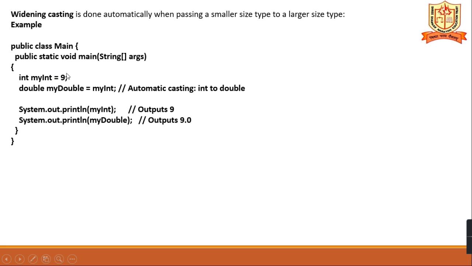That means a smaller data type to a higher data type. That will be done automatically. That is widening casting. So that's why we are directly assigning double myDouble equals myInt, that is automatic casting into double.